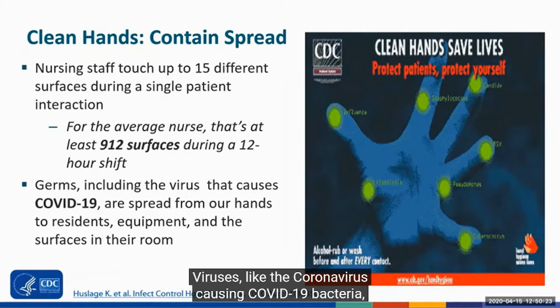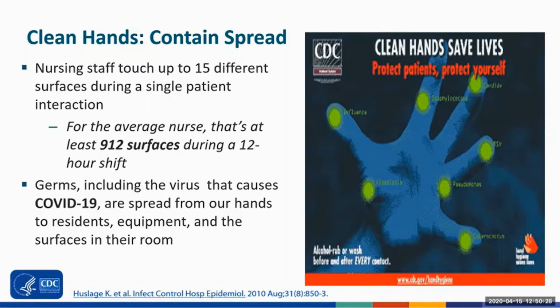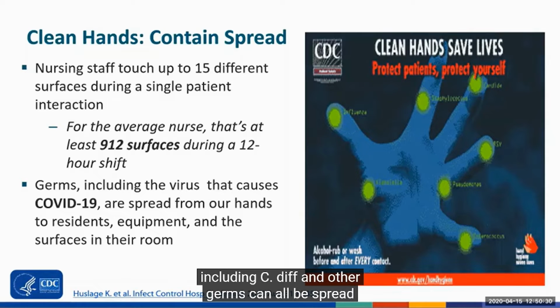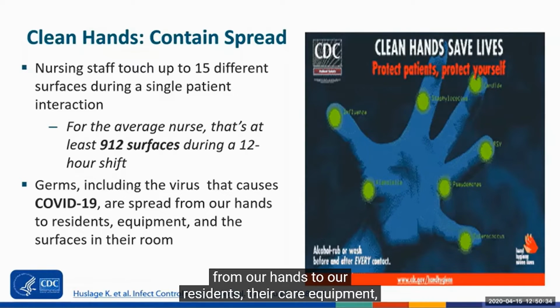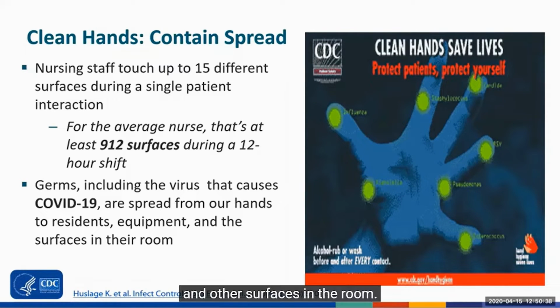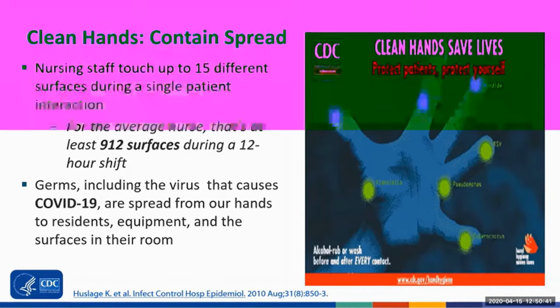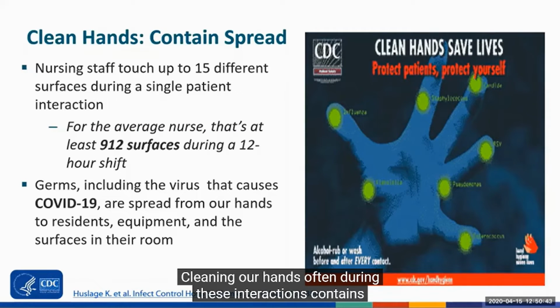Viruses like the coronavirus causing COVID-19, bacteria, including C. diff, and other germs can all be spread from our hands to our residents, their care equipment, and other surfaces in the room. Cleaning our hands often during these interactions contains their spread.